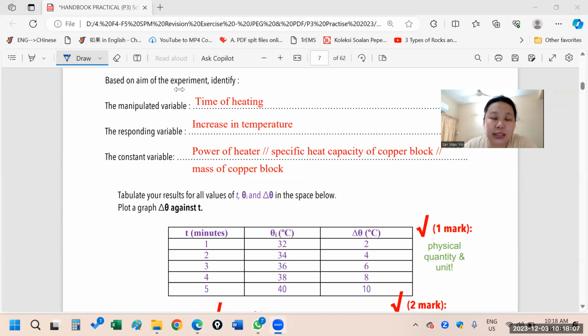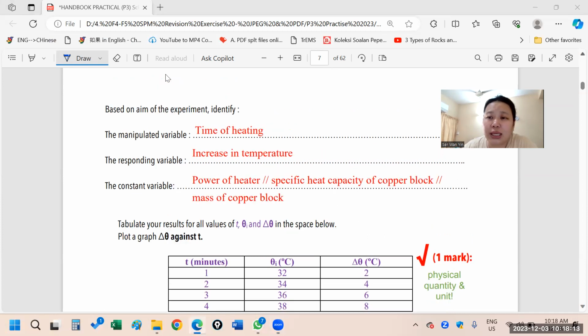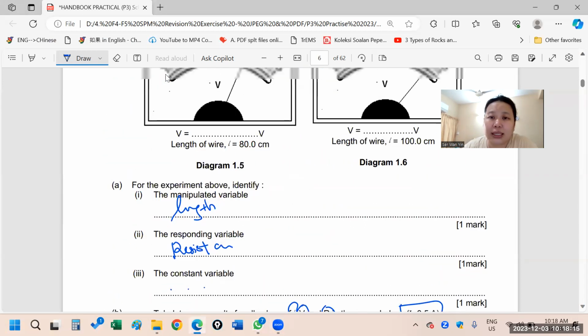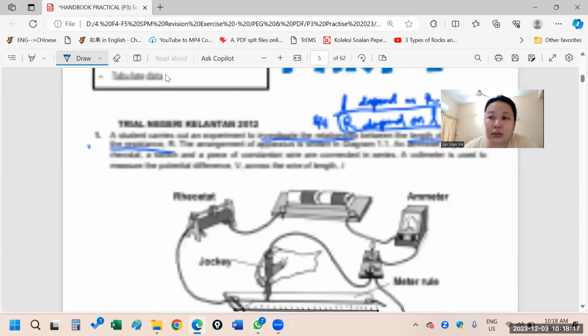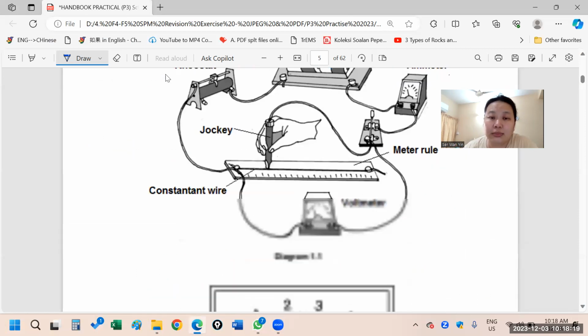Teacher, will they be asking us to use a jockey? If so, how do we operate the jockey? Jockey actually is like a crocodile clip only. But I tell you, jockey is now very expensive because the whole thing is made of copper.